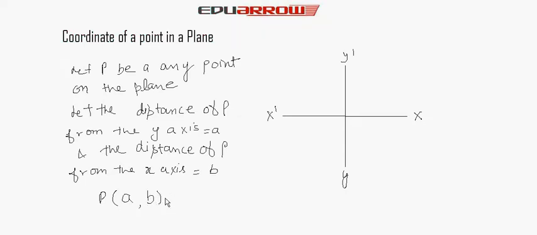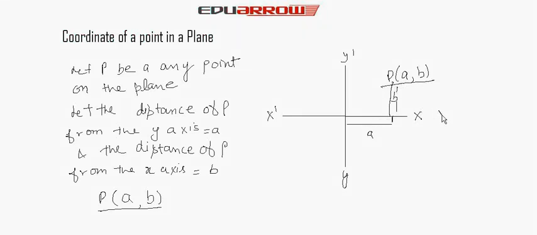So the distance of the P from the y-axis is here, A, and from the x-axis it is B. So this one is B. This is the point P, A comma B. So this is the point shown on the coordinate plane.